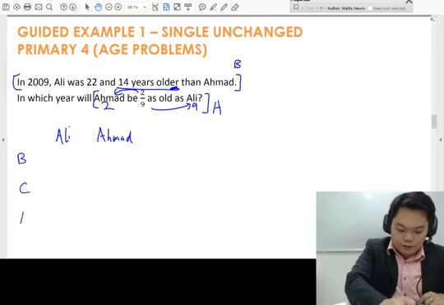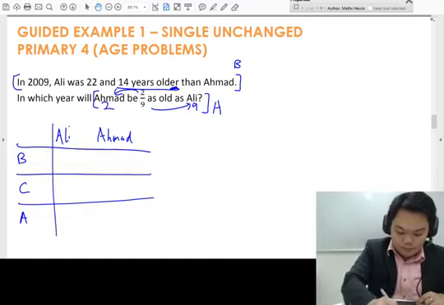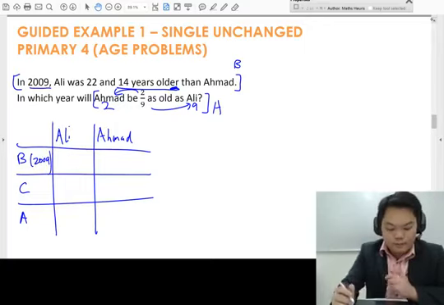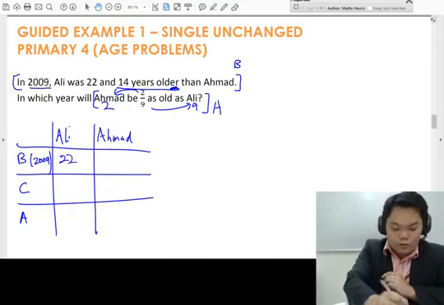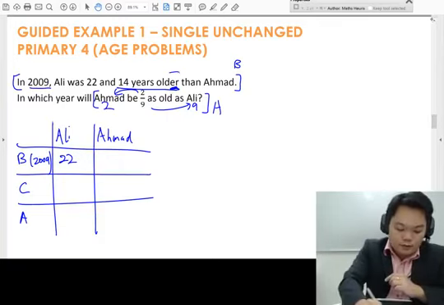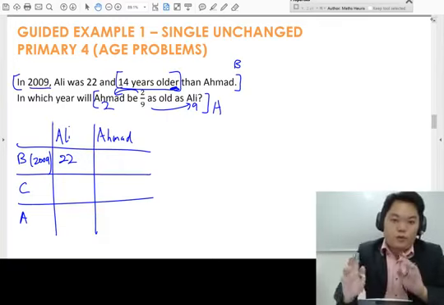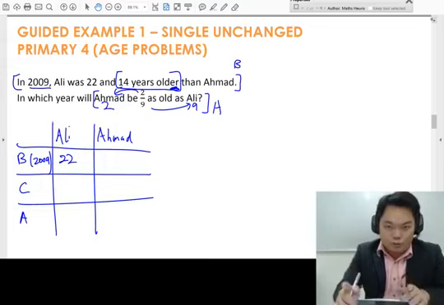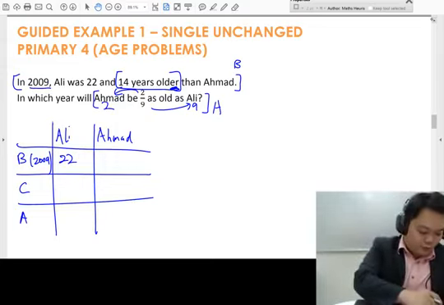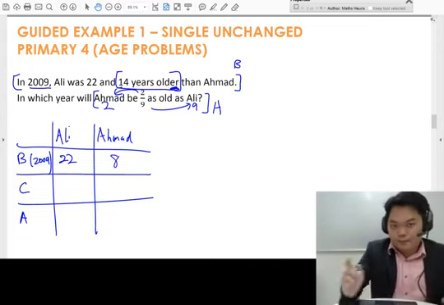Before, change, and after. Okay, so in the year 2009, Ali is 22. The key thing here is that he is 14 years older than Ahmad. Ahmad is not 14 years old. So Ahmad must be 22 minus 14 to give you 8.